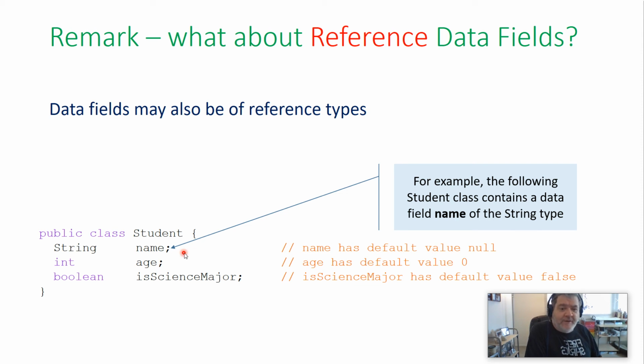But what about references? So here's the problem. When you say, I have a string name attribute in the class student, okay? You didn't say that we are going to necessarily have a name, a string object to represent that name. That's a separate object. So all you said is, inside every object of class student, I have a reference variable named name that is meant to hold a reference to an object of class string.